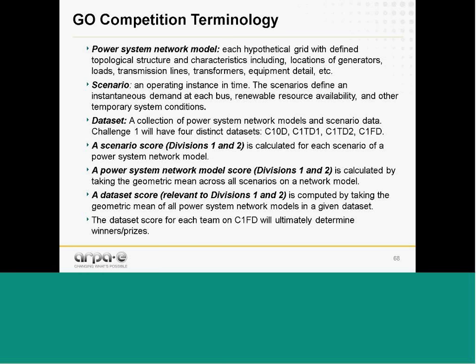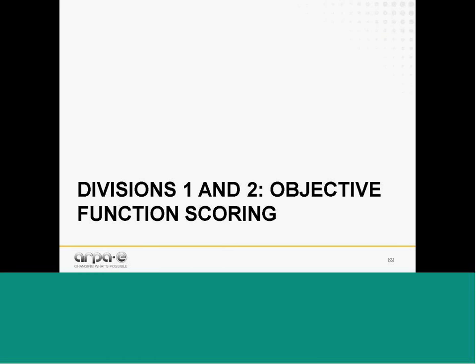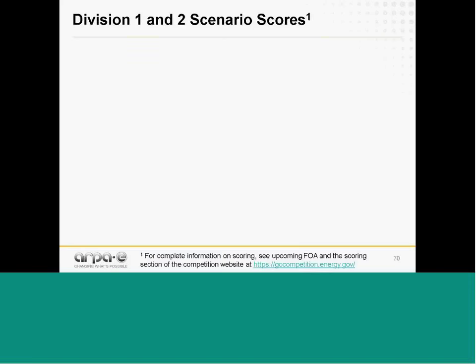And then, of course, there's a score per network model per scenario, all right? So we're going to first talk about the objective function scoring mechanism, which is related to lowest cost as opposed to performance profile, and then we're going to get into that following. Okay, so as I was just describing, you have a network model, you have a scenario, and you also have an entrant. C here is supposed to represent cost.